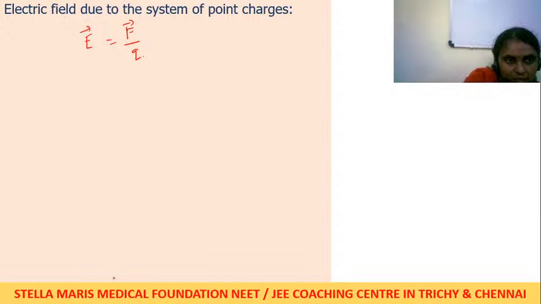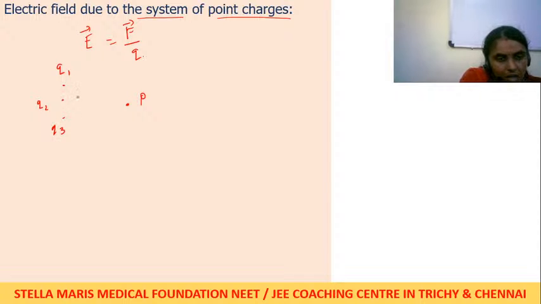Here we are going to find out the electric field due to a system of point charges. Consider this is the point charge P and these are the charges Q1, Q2, Q3.